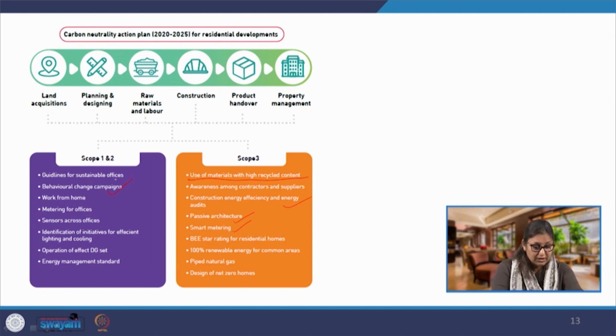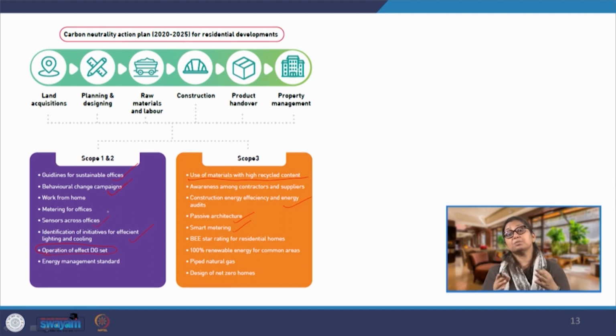They are talking about sustainable offices, and about identification of initiatives for efficient lighting and cooling. The operation of DG sets, so reducing the requirement of DG sets and how we can optimize the operation of DG sets within different facilities. Also adding sensors across offices.